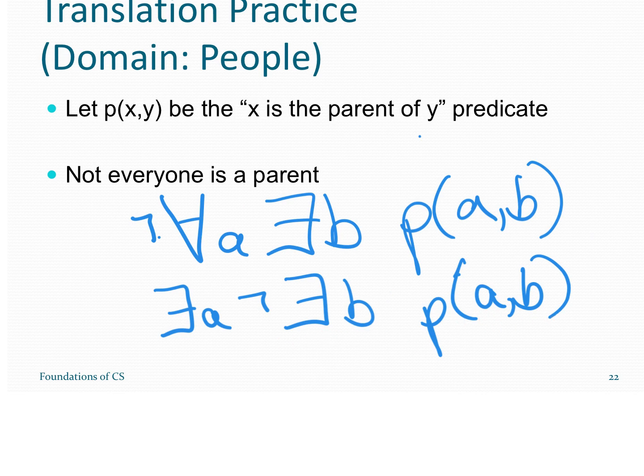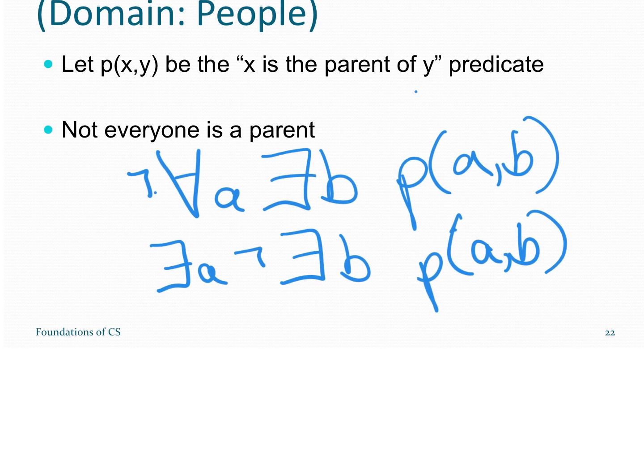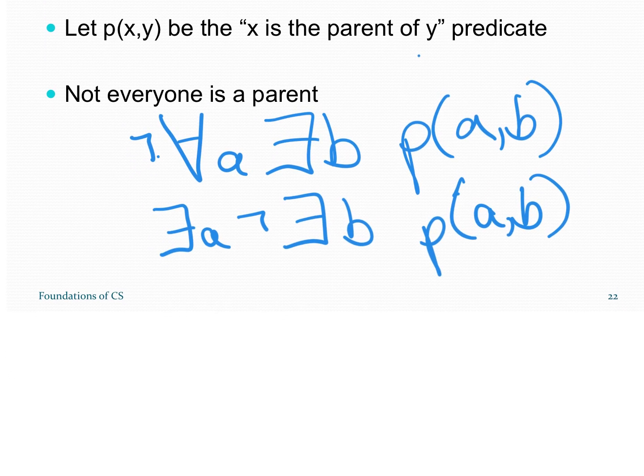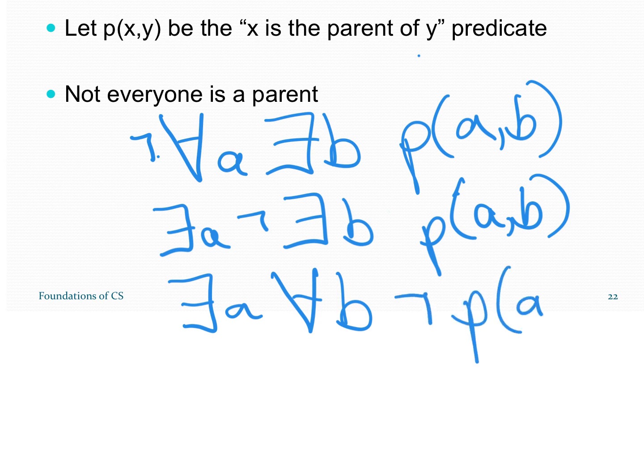But we can also push that not in through again. We still have the exists A, but we push the not through, so now we've got for all B, not parent A, B.